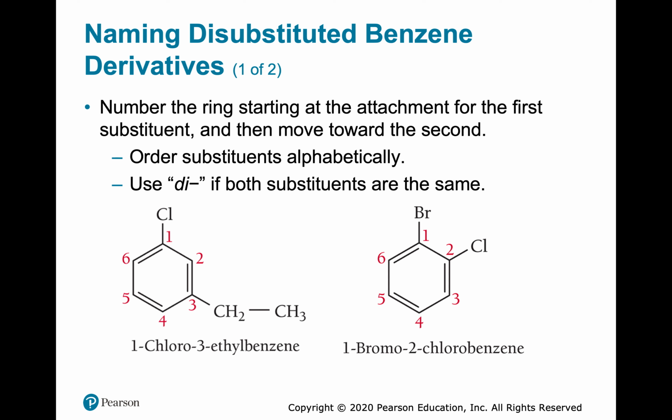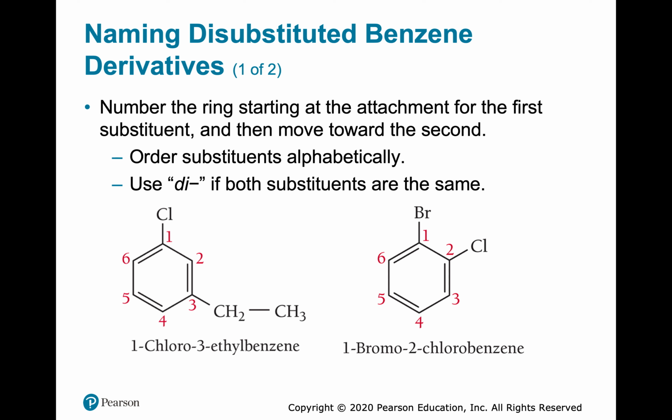And as mentioned in the groups, the halogen has priority over the alkane. So you call the number 1 position the halogen, and then the number 3 position is the alkane. Let's say you have 2 chlorines, in the first molecule on the left. Say it was another chlorine.